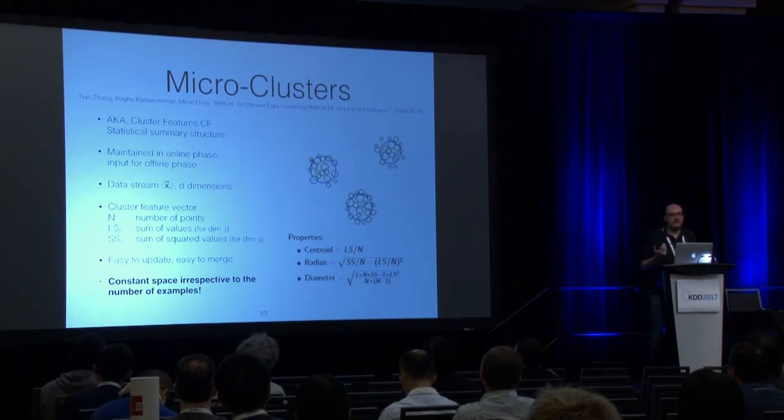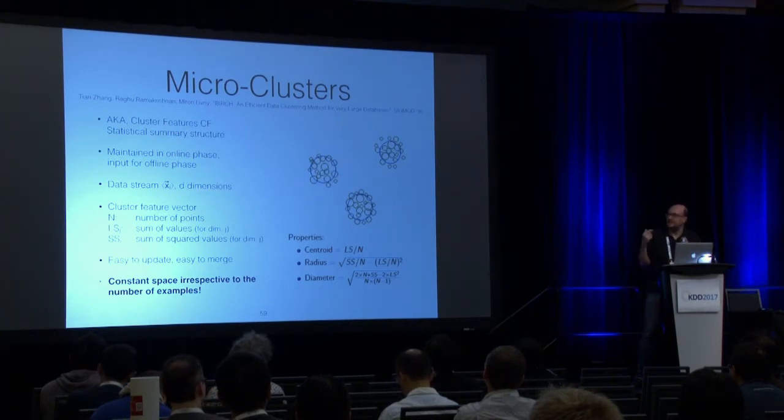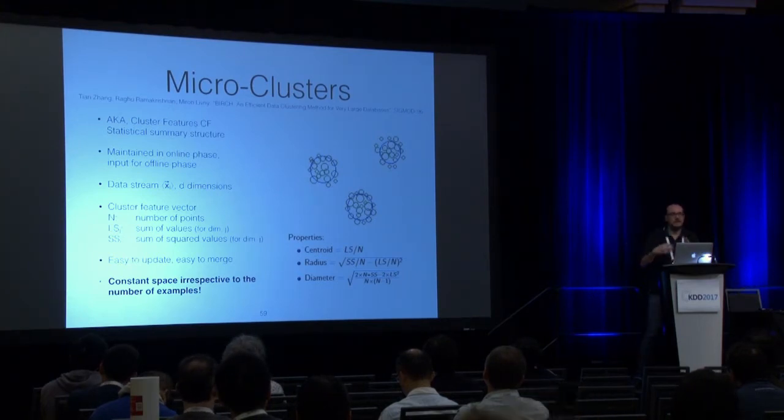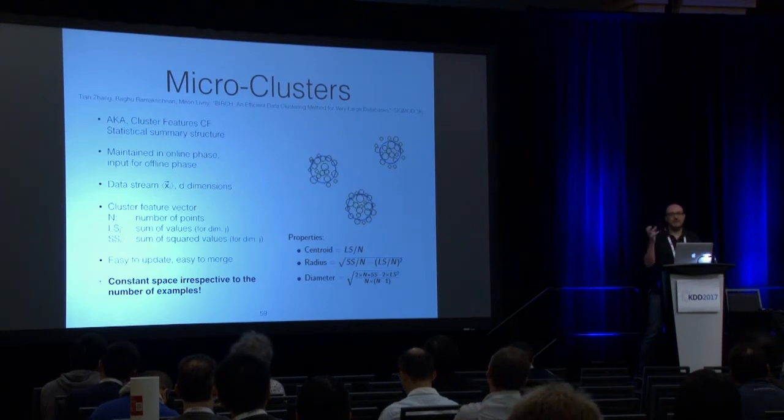But in streaming this is really complicated because data is continuously arriving and we need to be really, really fast. So most of the methods in stream clustering work in two steps. One is online, that is this idea of storing microclusters and computing that online very, very fast. And then after that, doing an offline phase where we apply the standard k-means or DBSCAN method.